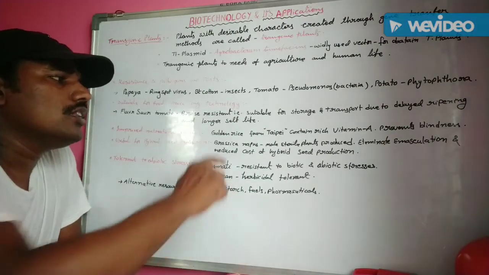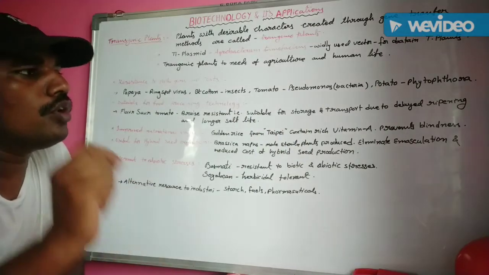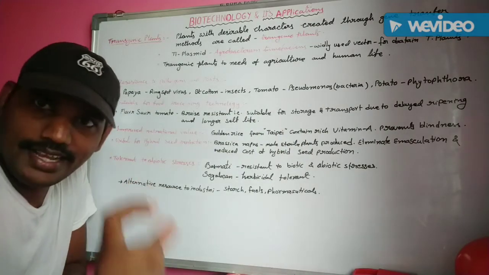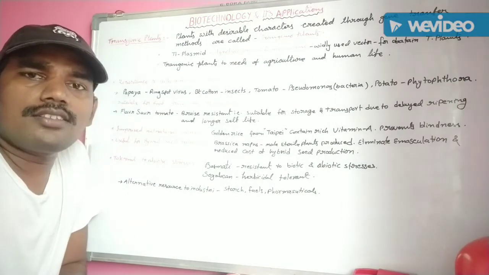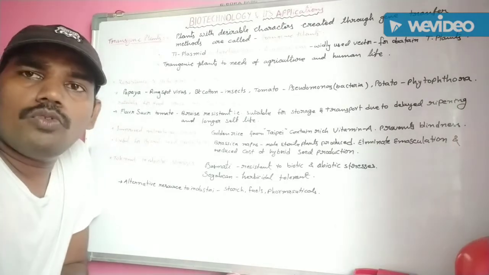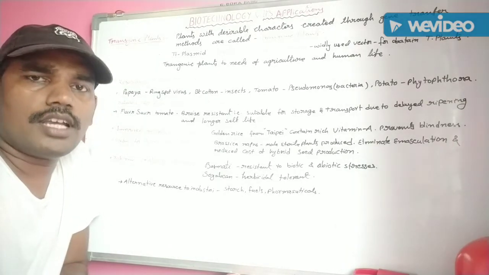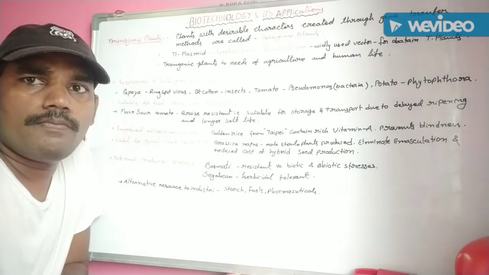So the golden rice Taipei contains rich vitamin A and also prevents blindness in poor people, because poor people have no valuable food due to their economic background.